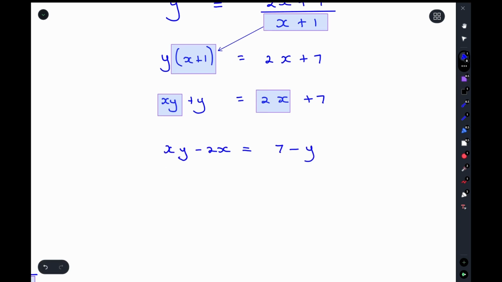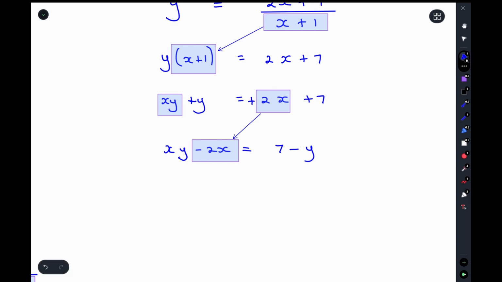Now that we've rearranged the equation, so what happened? We moved 2x to the left. We also moved y to the right. Plus y became minus y. Plus 2x became minus 2x.